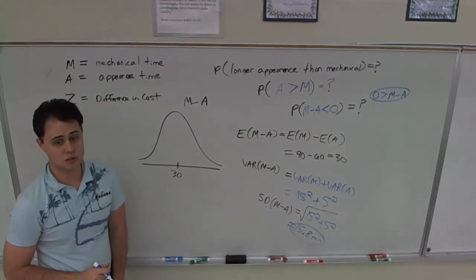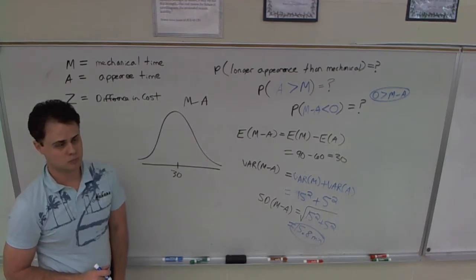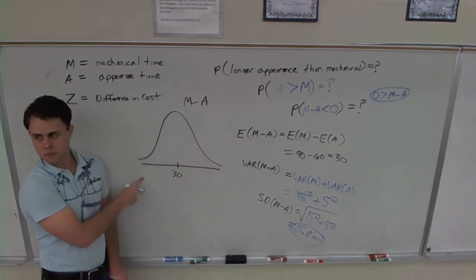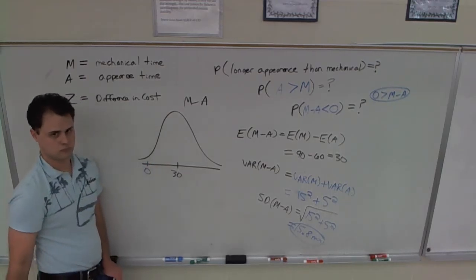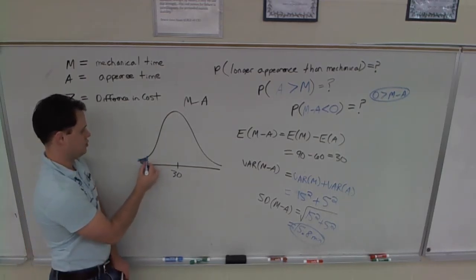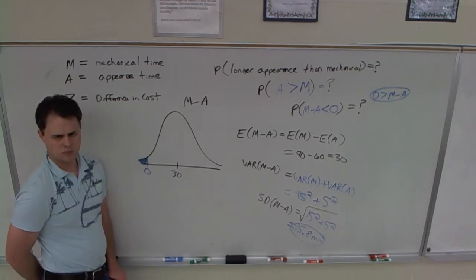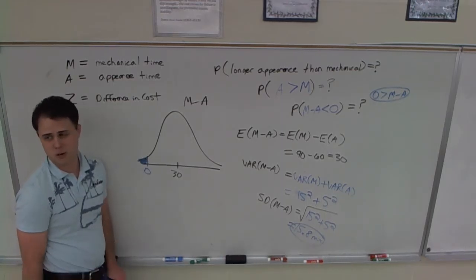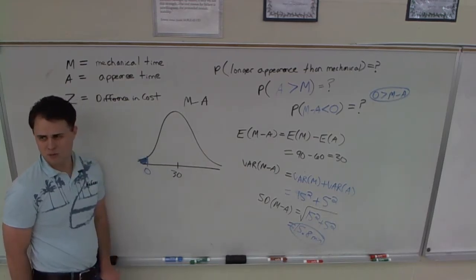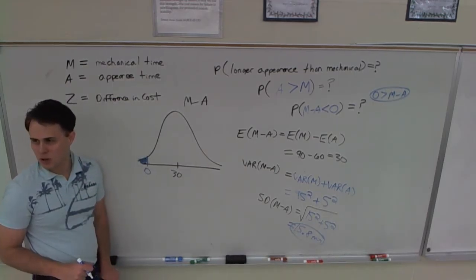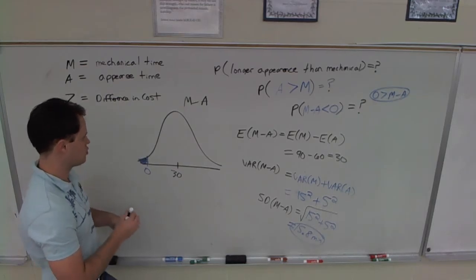We want to see the chance that we're less than 0. We want to know the chance that we're less. The chance that we're less should be pretty small, just like our picture's saying, right? The chance that the appearance time is going to be more than the mechanical time is very small, because mechanical is a lot longer, right?